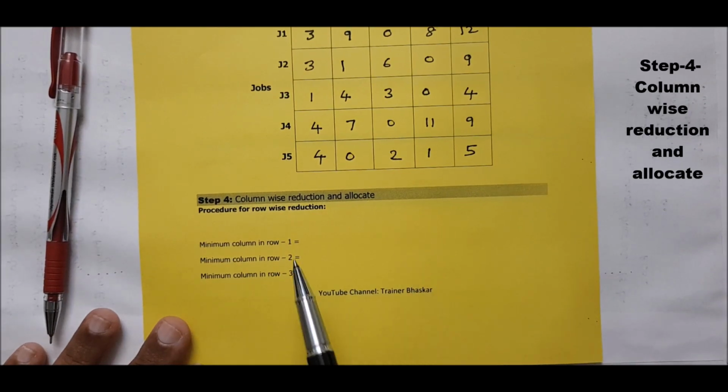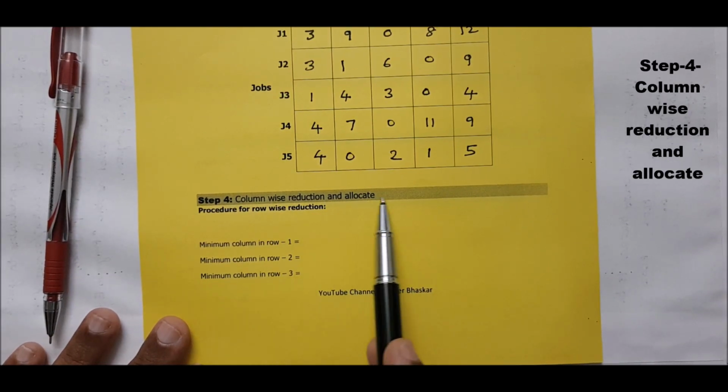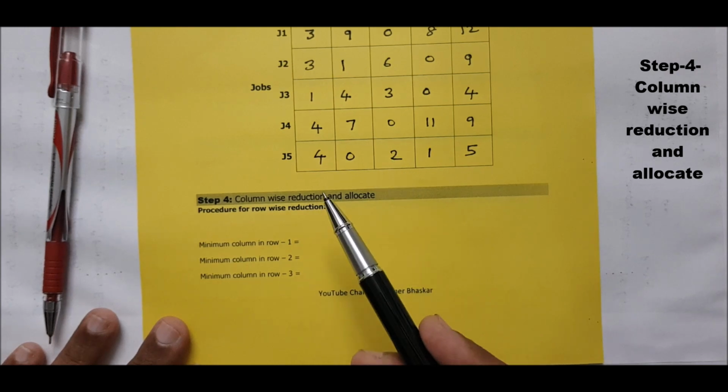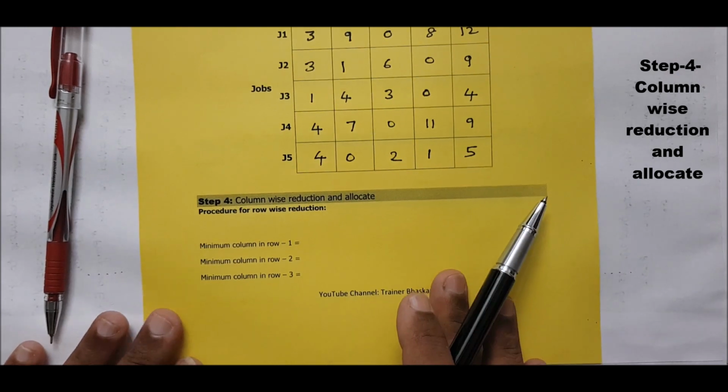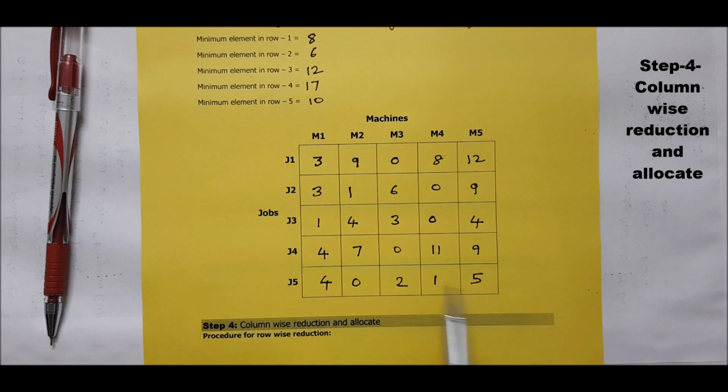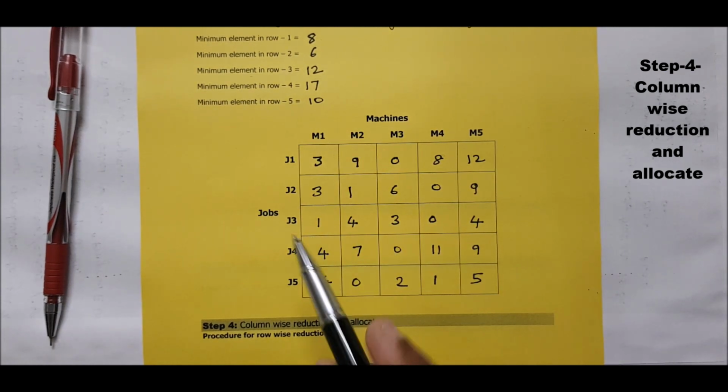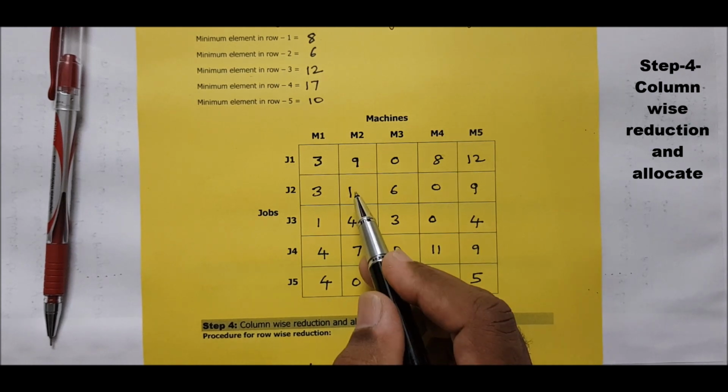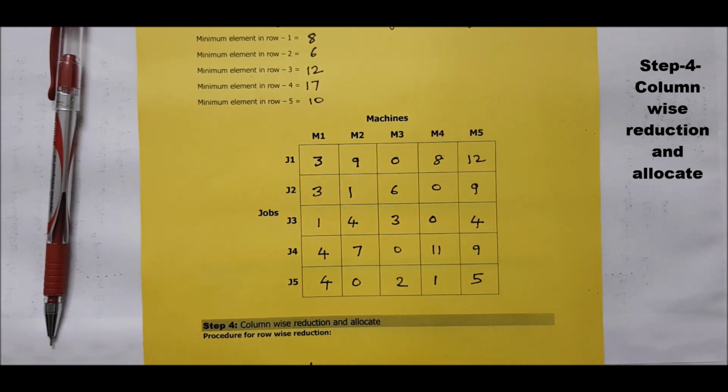Now, step 4 is column wise reduction and allocation. After column wise reduction, you have to allocate. Now, in this previous table, in the first column, the least is 1. In the second column, the least is 0.